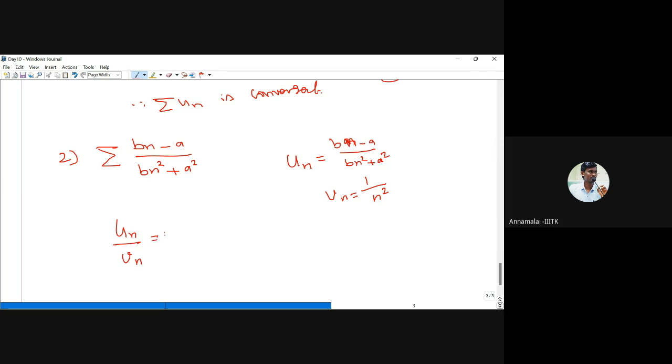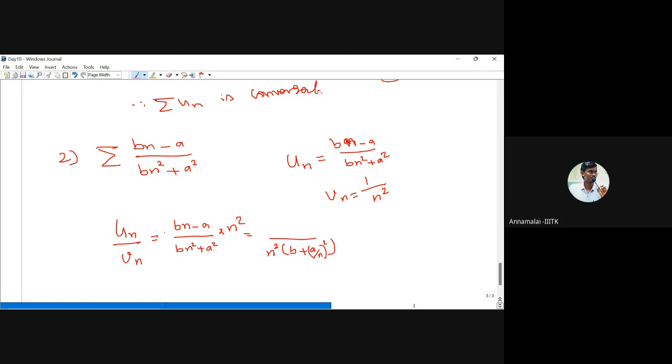What is Un? Bn minus a by bn square plus a square, and then divided by Vn, therefore the numerator gets n square. From the denominator, we can take n square outside. Therefore we get b plus a by n, whole square, anyway.